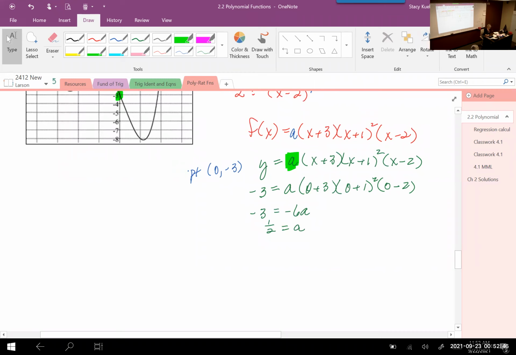So now I have the function positive 1/2 times (x plus 3)(x plus 1) raised to the second power (x minus 2). That's the function representing that equation.